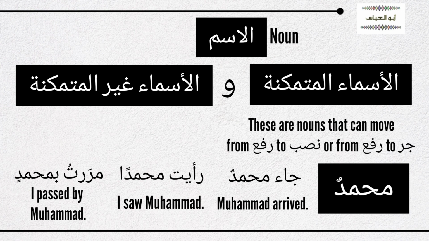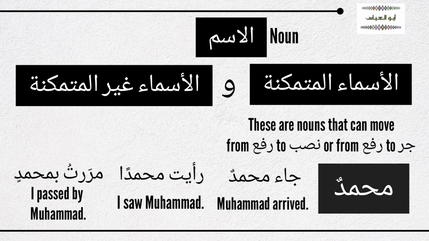You can see that Muhammad was taking dhamma at some point, at some point it is taking fatha, at some point it is taking kasra. So it has changed from dhamma, which is raf'u, to fatha, which is nasbu, or from dhamma to kasra, which is jarru. So a particular name that can change in this form is from al-asma al-mutamakkina.